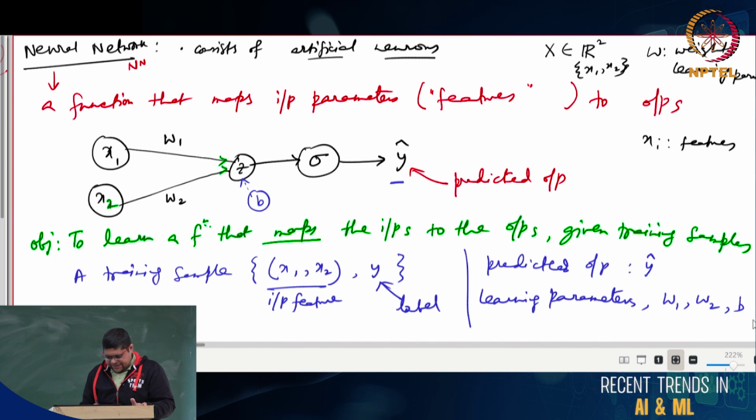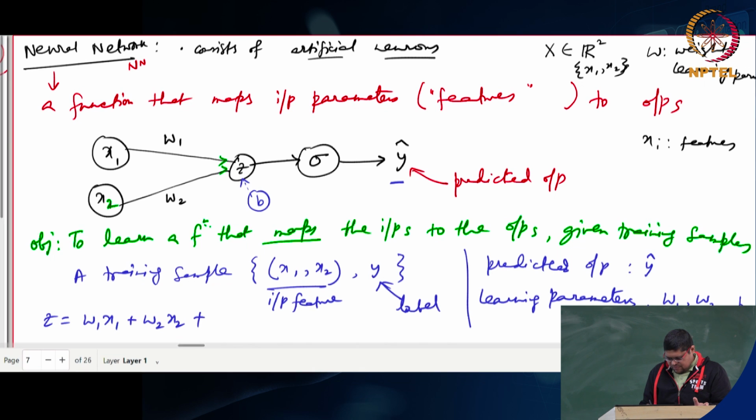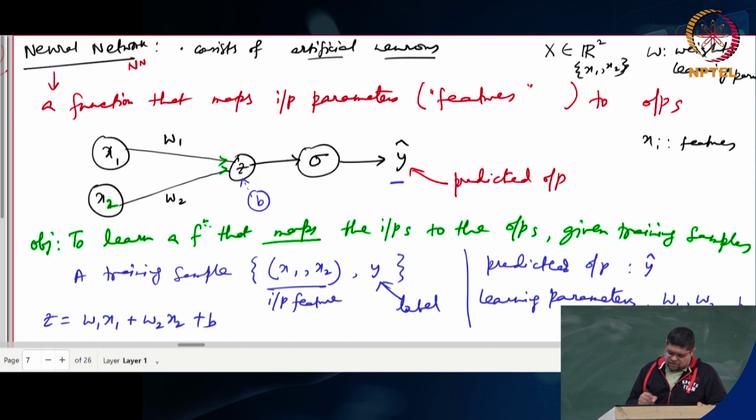This Z will look like W1 X1 plus W2 X2 plus B. This B is synonymous to what we talked about as W0. So if you take W0 X0, X0 equal to 1, the same way you can write. So I will draw this diagram again. So take note of this one. I will go to the next slide.